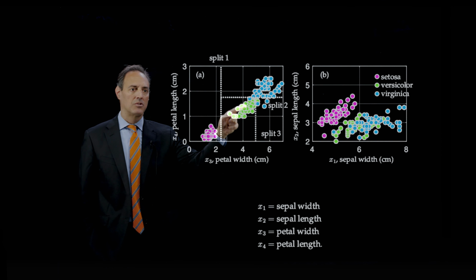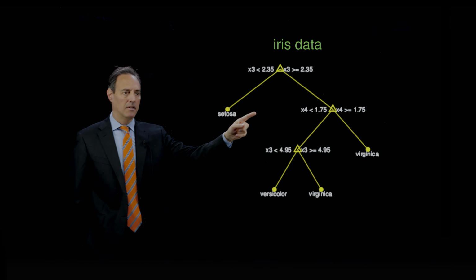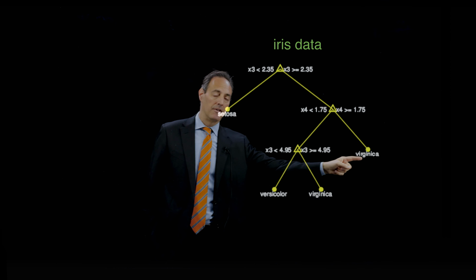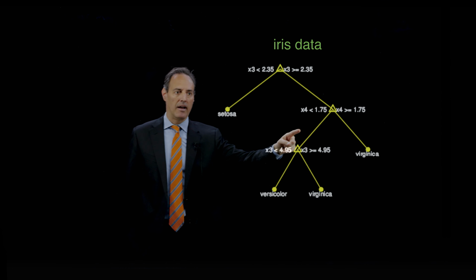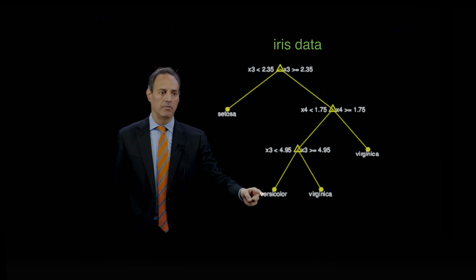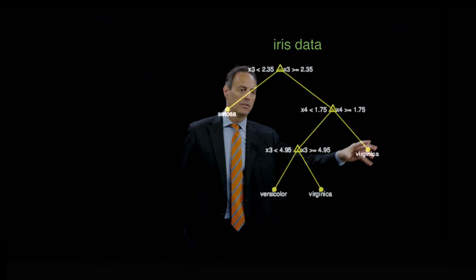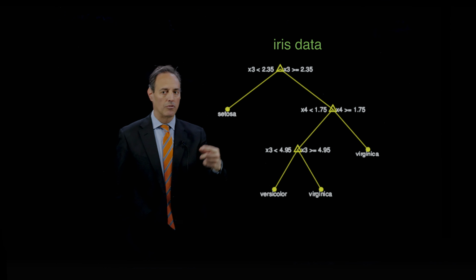The green's going to be in that square right here. Okay? So I split again, 1.75, anything greater than or equal to 1.75 is Virginica. And then if it's less than 1.75, I come down here to the third split, and at 4.95, I go to Versicolor or Virginica. So Virginica lives on these 2 boxes. Versicolor's here, Setosa's over here.